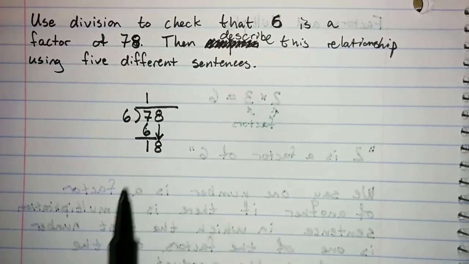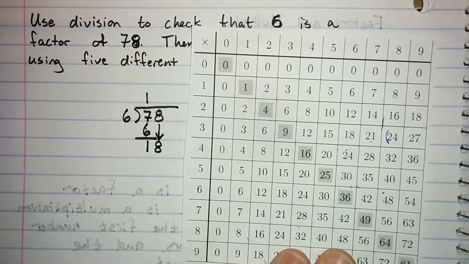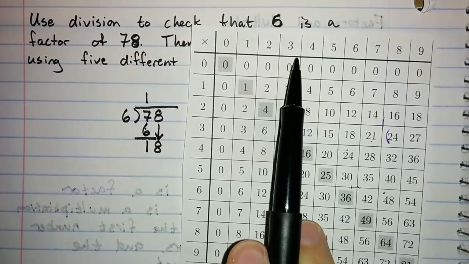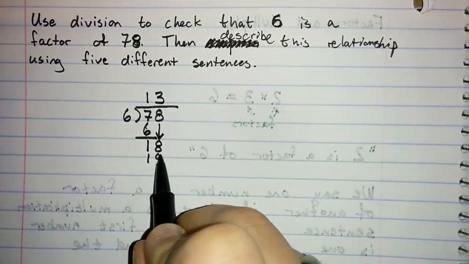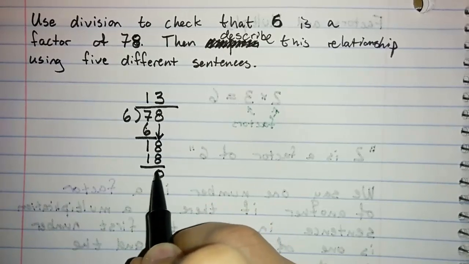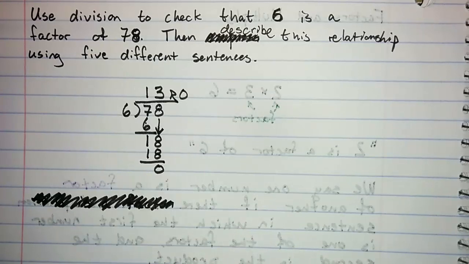Bring down the 8. 6 goes into 18 3 times. 3 times 6 is 18. So there's nothing left over. Since the remainder is 0, that tells us that 6 is in fact a factor of 78.